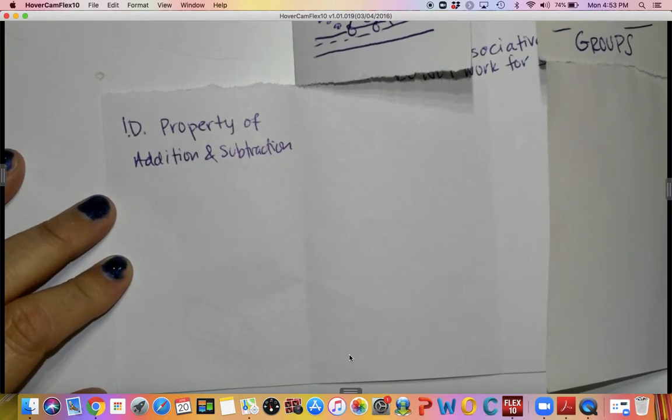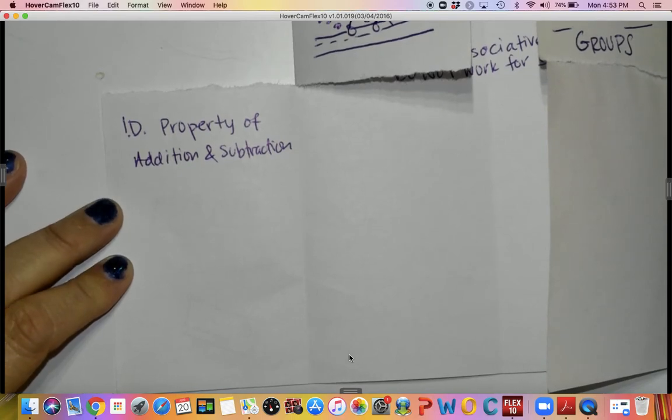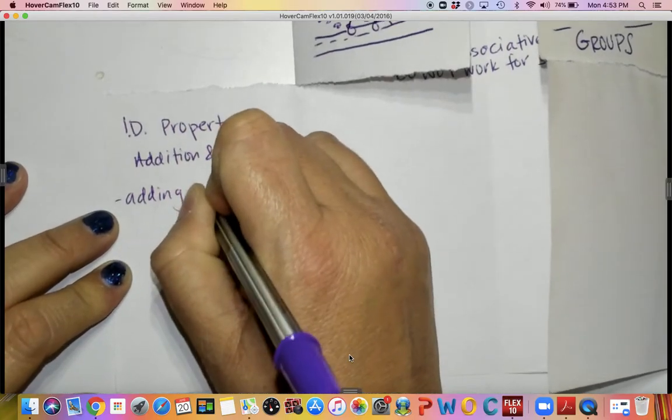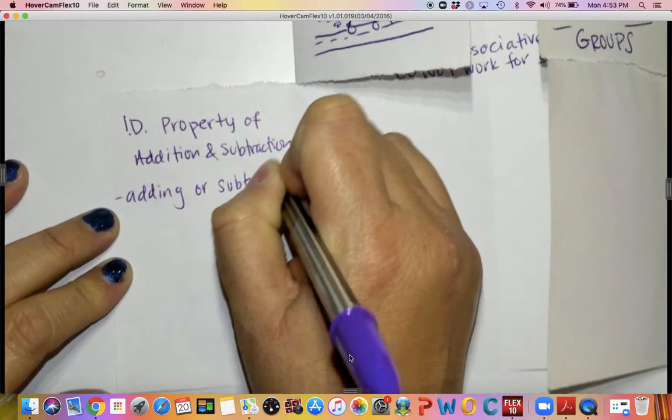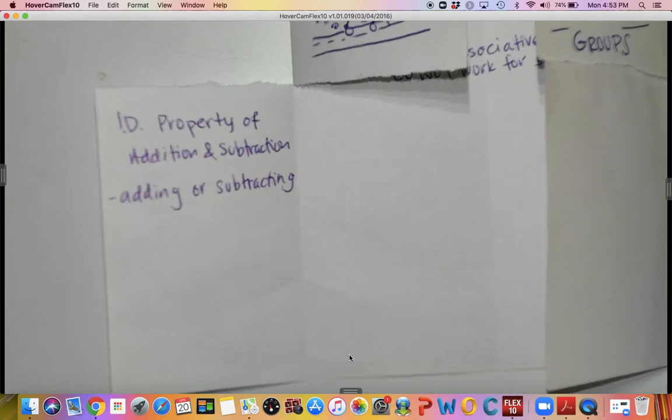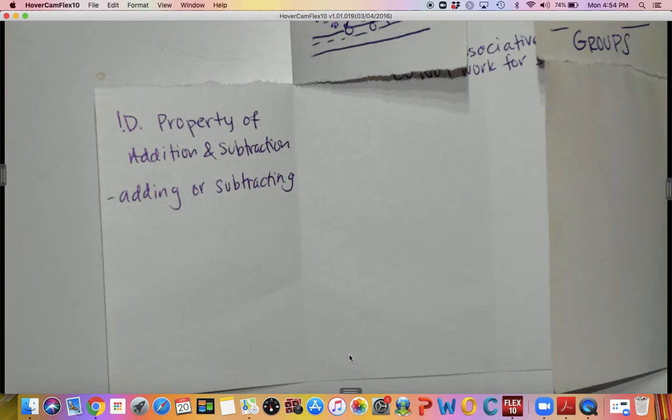I'm not trying to change the identity of a number, meaning I'm not changing the value of a number. So adding or subtracting, if I don't want to change a number, let's say I have 4. If I don't want to change 4, what number could I both add and subtract that makes it stay the same?